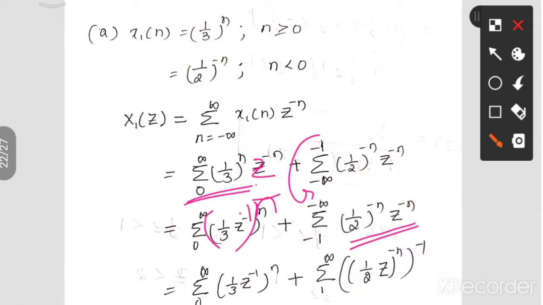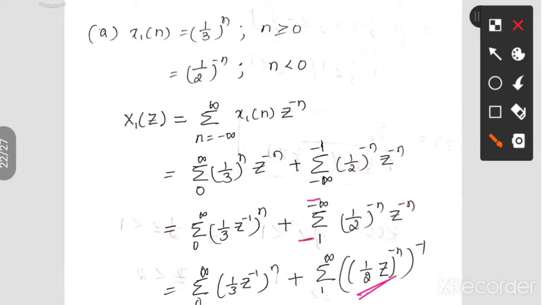But if you are interchanging the limits, then it has to be multiplied with the minus sign. Now minus 1 to minus infinity, 1 by 2 raised to minus n into z raised to minus n. Take that minus n outside, and then it will be 1 by 2 z raised to minus n. But we are changing the sign of the limits.